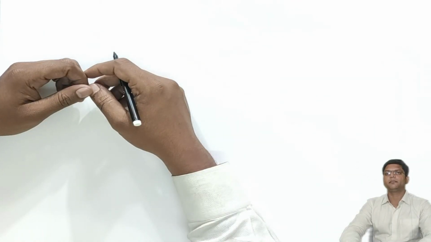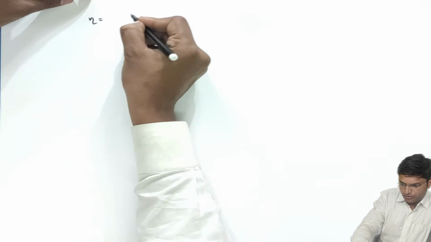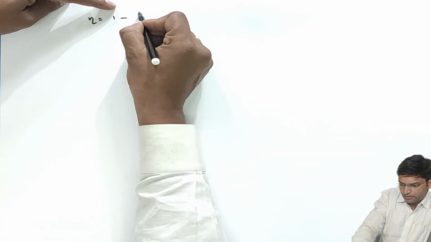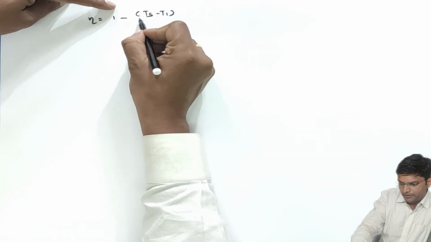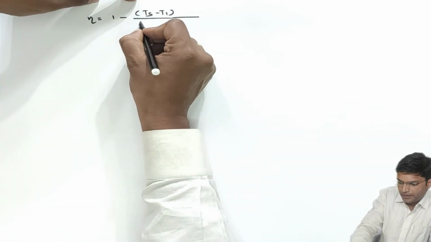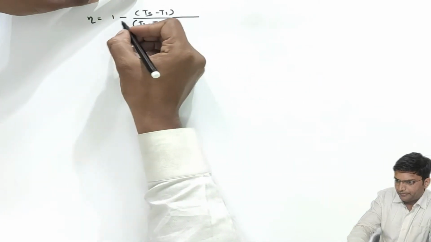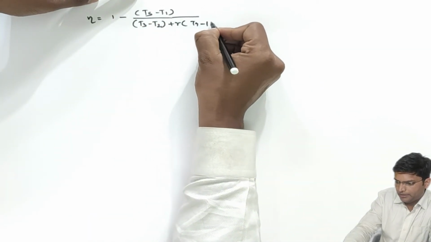Now simplifying the thermal efficiency equation, efficiency is equal to 1 minus (T5 minus T1) divided by (T3 minus T2) plus gamma (T4 minus T3).